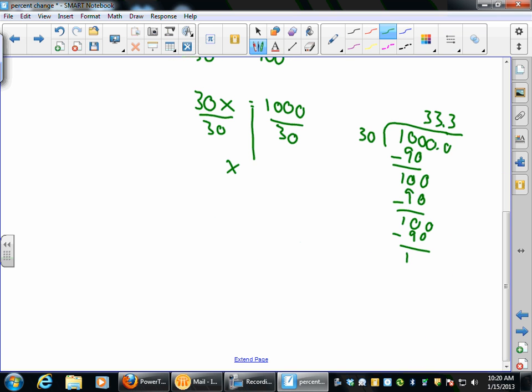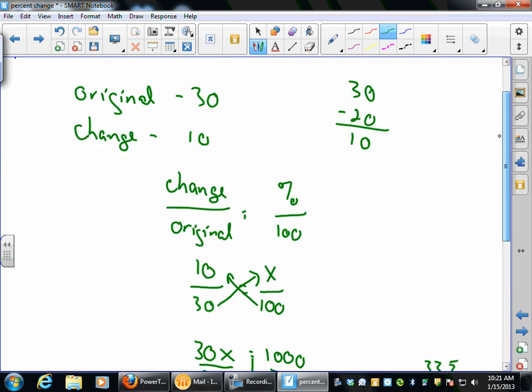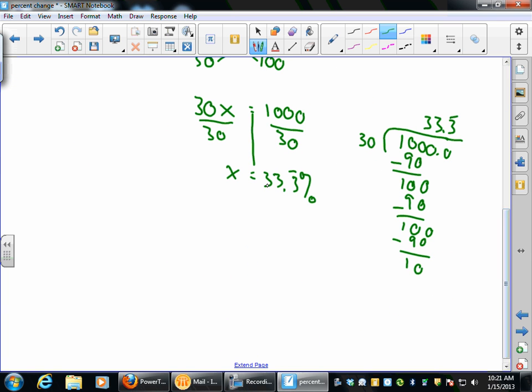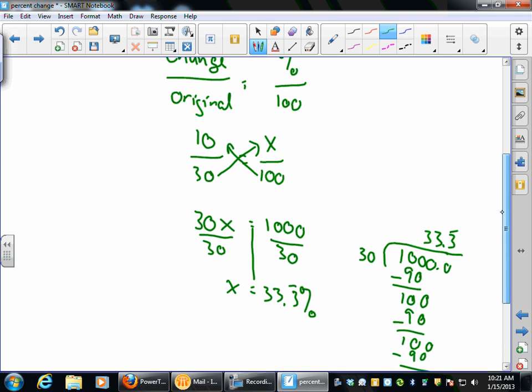So it's going to be 33.3 repeating. That's the percent discount. If something costs $30 and drops down to 20, that means there is a 33.3% repeating percentage discount. Remember, to solve a proportion, you cross multiply and then you divide. Every time, cross multiply and divide.